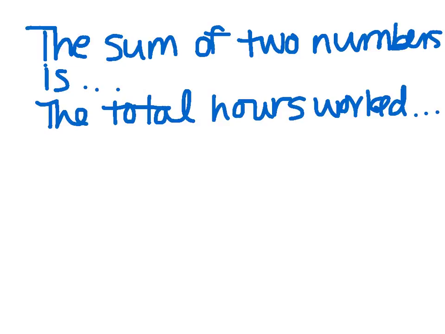If I'm talking about two different things, for example, the sum of two numbers, obviously I have two numbers. The sum of total hours worked, I should add, at 2 jobs.